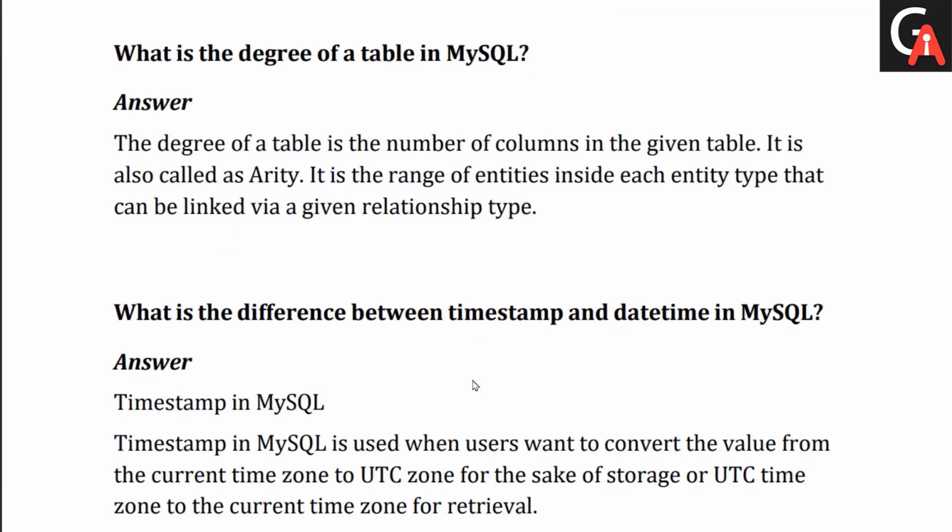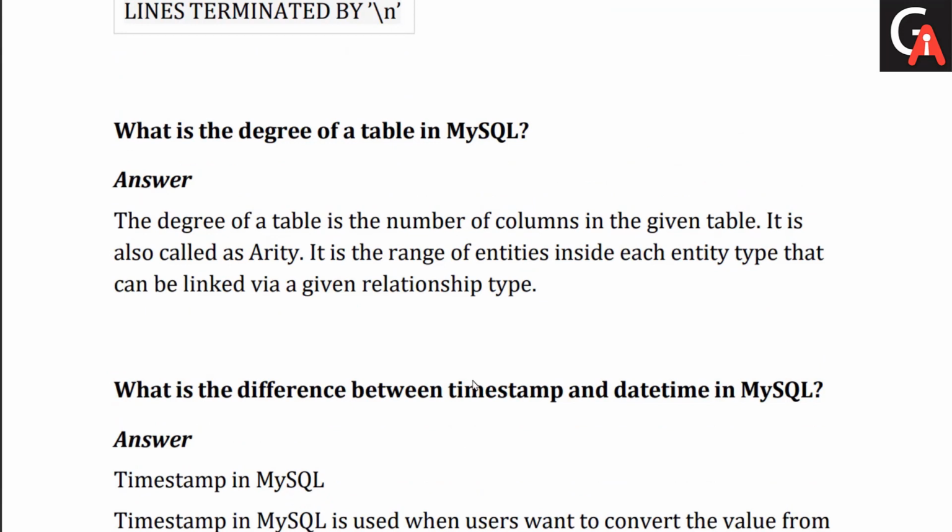Okay, so next question we have: what is the degree of a table in MySQL? The degree of a table is the number of columns in the given table. It is also called arity. It is a range of entities inside each entity type that can be linked via a given relationship type.